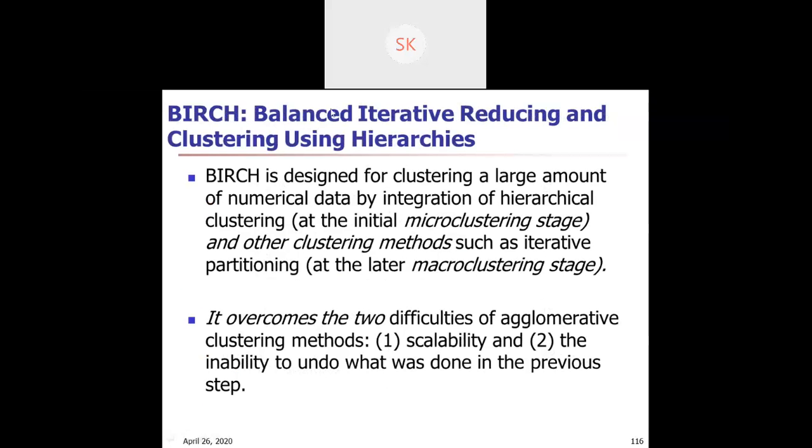First, BIRCH. Its long form is Balanced Iterative Reducing and Clustering using Hierarchies.